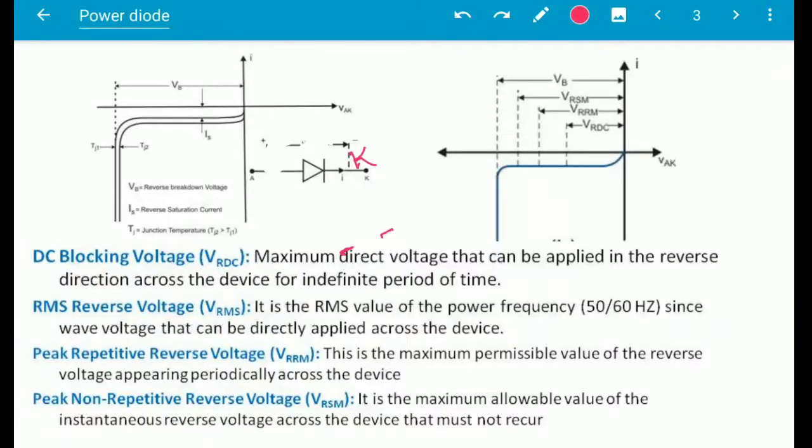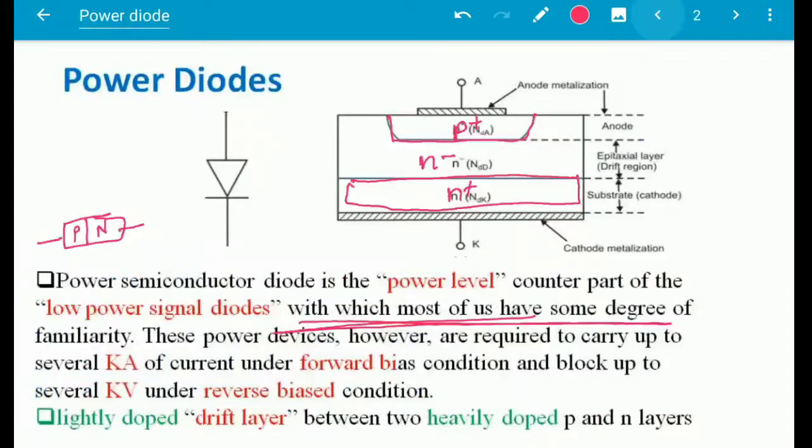Then comes the peak non-repetitive reverse voltage. It is the maximum allowable instantaneous reverse voltage across the device that must not occur. So from the previous slide, questions can be asked about the layers and the drift region.